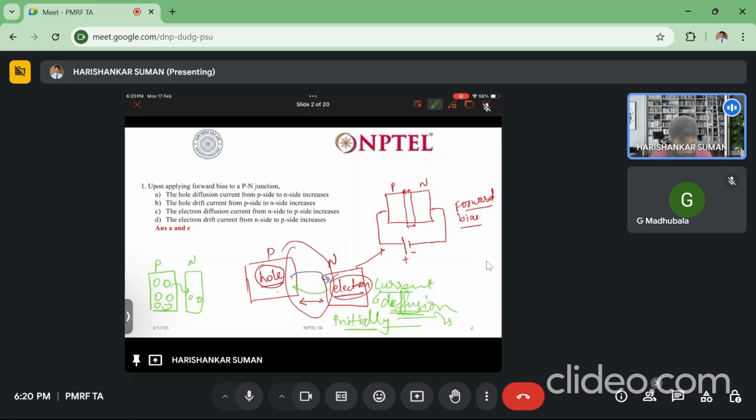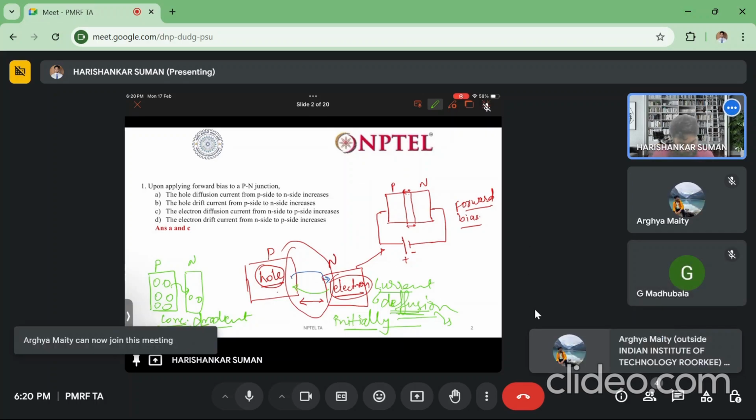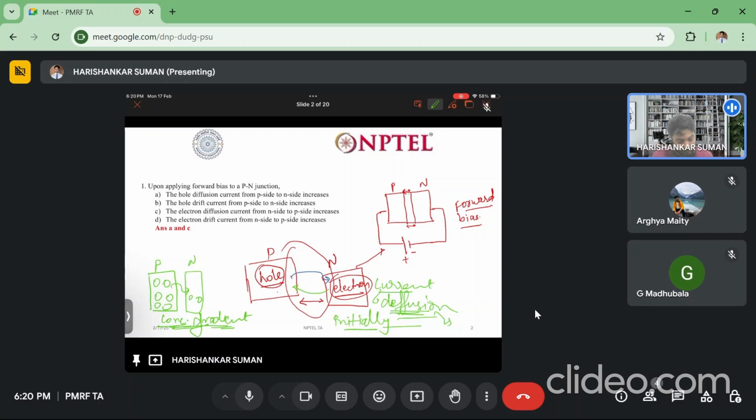All are diffused due to the concentration gradient. If electrons and holes move, they generate current, and this current is known as diffusion current.